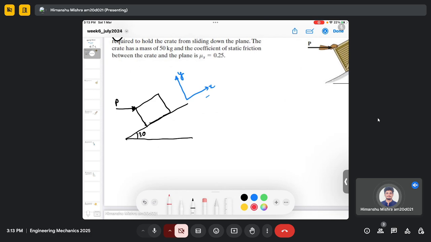The forces acting here are the weight, then there will be a normal reaction force, and then there will be a friction force which acts opposite to the external force. In this case it is P.